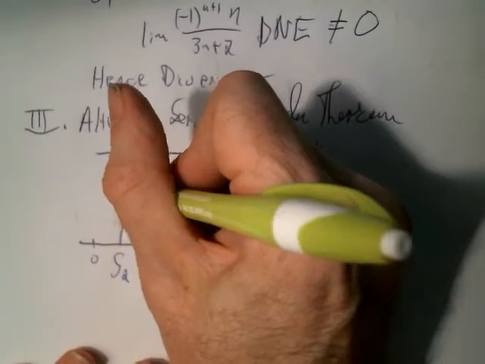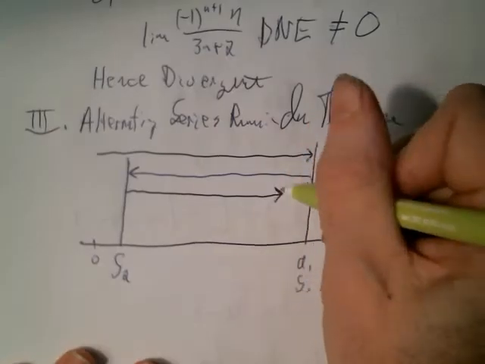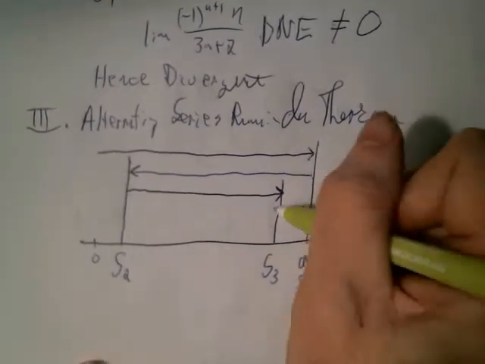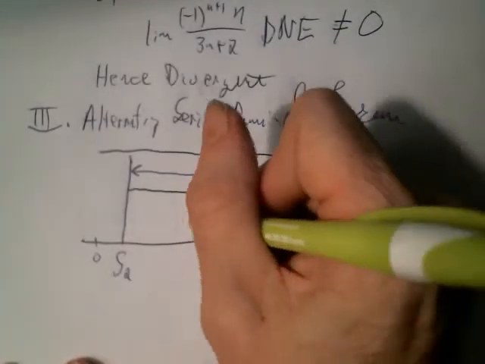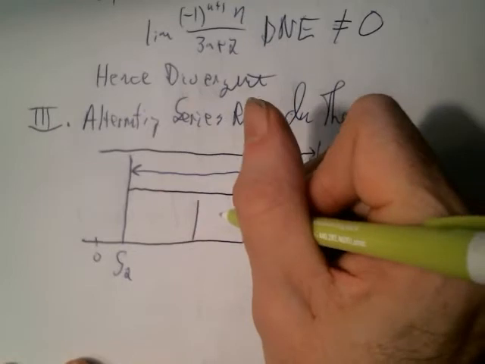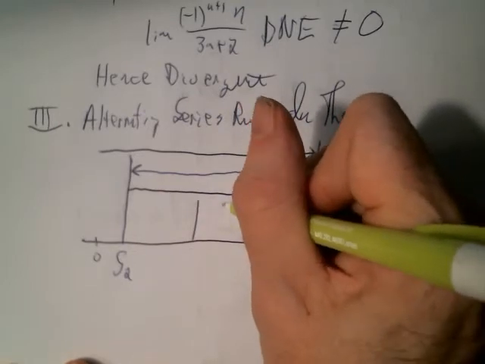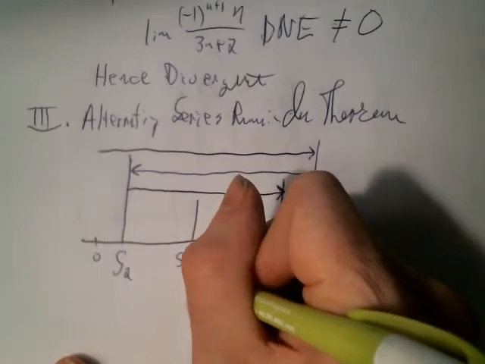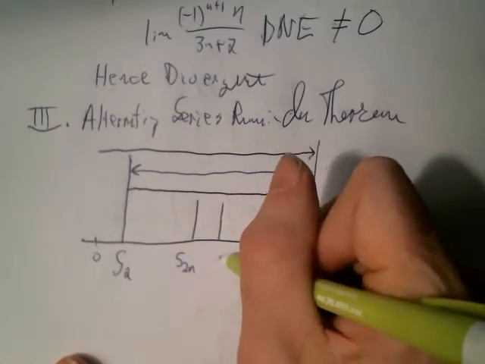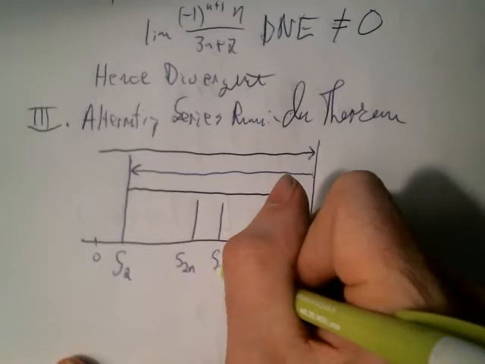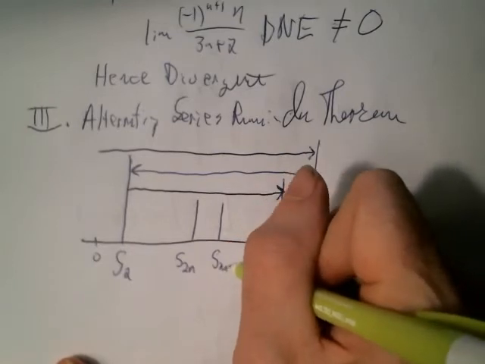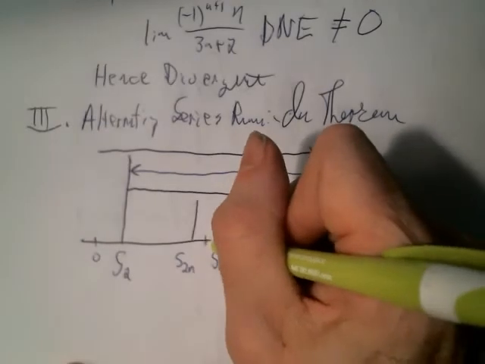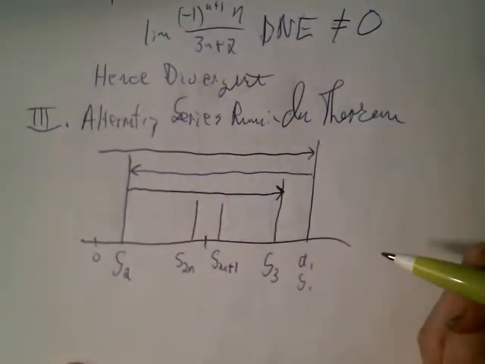Then I add in a sub 3, and that'll give me s sub 3. You just keep going on this process over and over until you're down here. This would be something like s sub 2n, and this would be something like s sub 2n plus 1. The actual limit of the sequence would be in here somewhere in between these two.